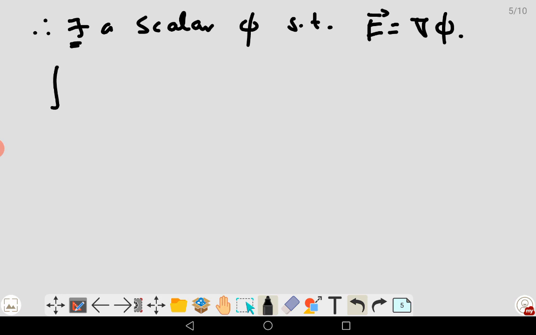What is the given integration? One more time, from minus 2 comma 0 to 1 comma 0. Both the points are on the x-axis: minus 2 comma 0 is on the negative side of the x-axis, and 1 comma 0 is also on the x-axis. So this path is on the x-axis.